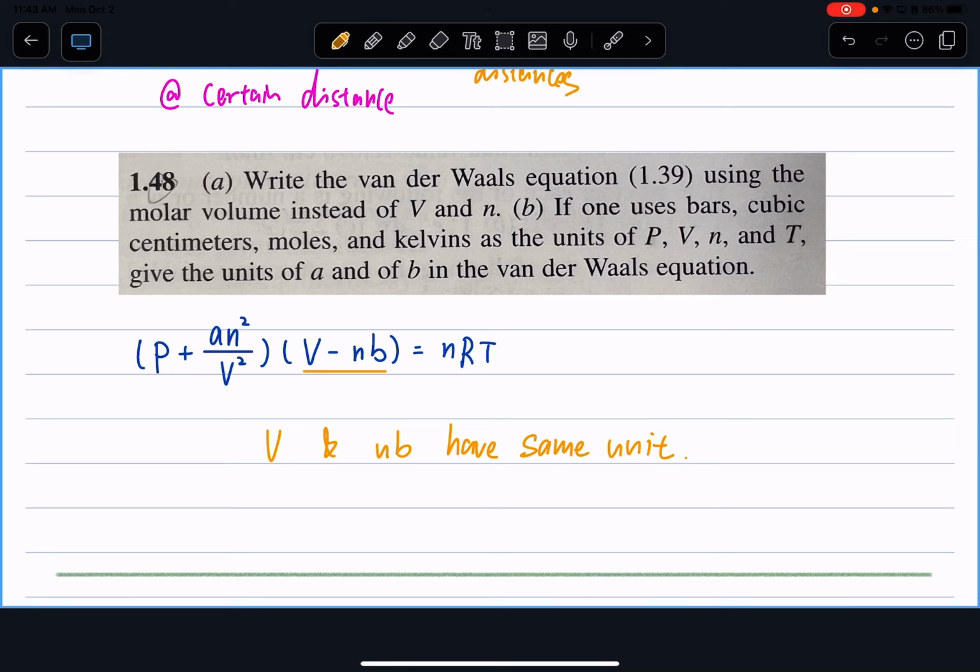Or the other way to put it is that B has the same unit as your molar volume, Vm. A typical unit you can use is cm cubed per mole. The same idea applies to your constant A. You can write out what the unit is for that constant in this relationship.